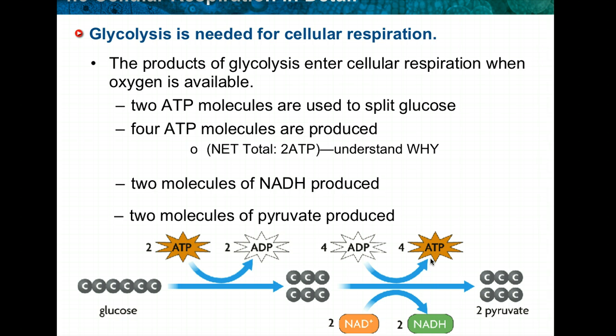This means that glycolysis can quickly supply chemical energy to cells when oxygen is not available. And that's very important. When oxygen is available, however, the pyruvic acid and NADH outputs generated during glycolysis become input for other processes of cellular respiration.